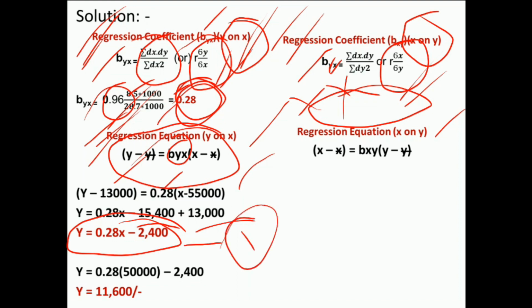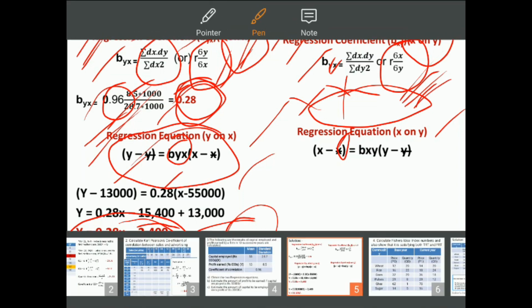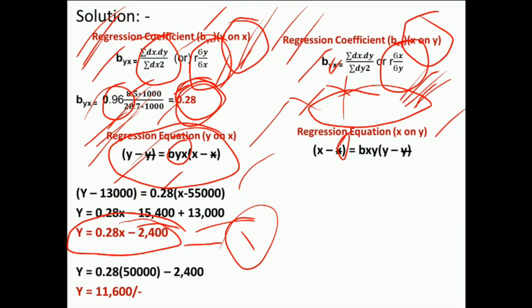Similarly, when x is dependent on y, apply the equation: x minus x mean, which is 55,000, equals bxy, the value you are going to calculate here, into y minus y mean, which is 13,000.